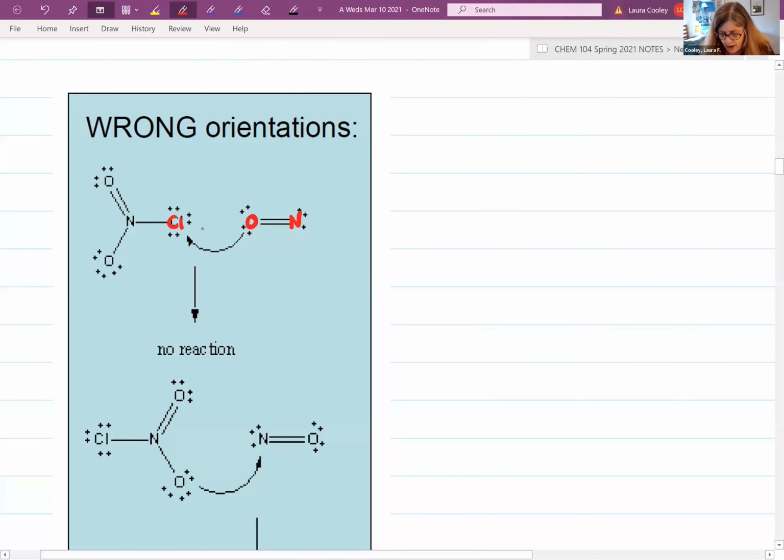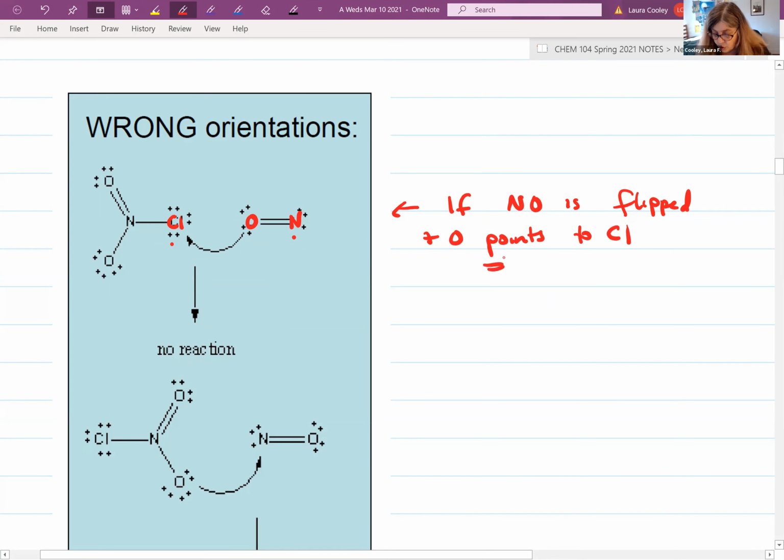There's no way that's going to result in the product that I showed you. You can't form a bond from N to Cl if the N is not pointing at the Cl. So here, if NO is flipped and the O points to the Cl of the ClNO2, then no reaction. That's the wrong orientation.